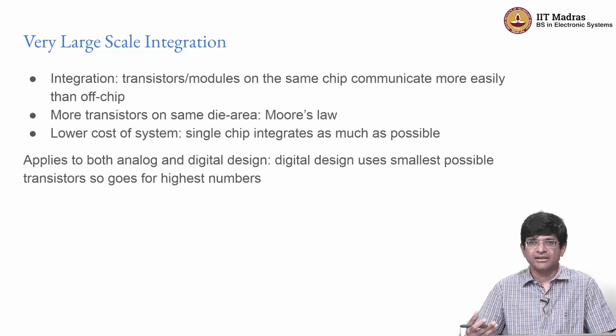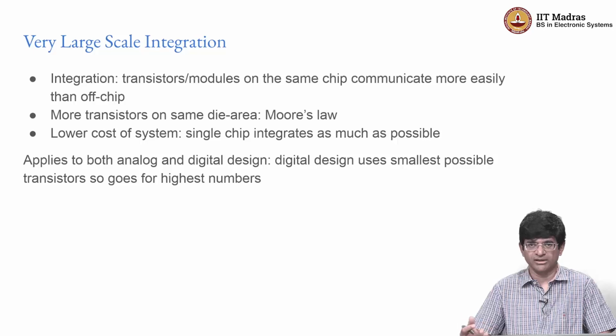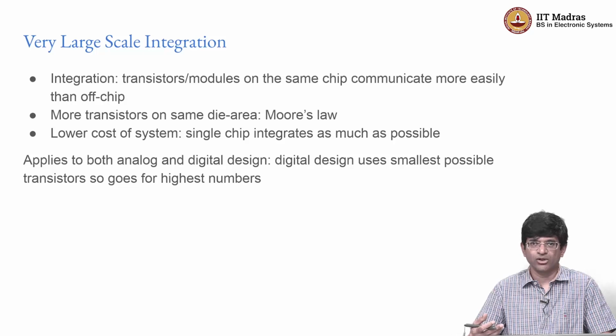And somewhere along the way, people observed that as long as the transistors are on the same chip, they can communicate more easily than if you need to go off the chip and onto another chip. This is just due to physical reasons. You need larger wires, and therefore you have higher capacitances and higher load when you go out of one chip and onto another. Whereas if you integrate everything onto the same chip, the wires are smaller, with less capacitance, they can be switched faster, and therefore the overall system works better.